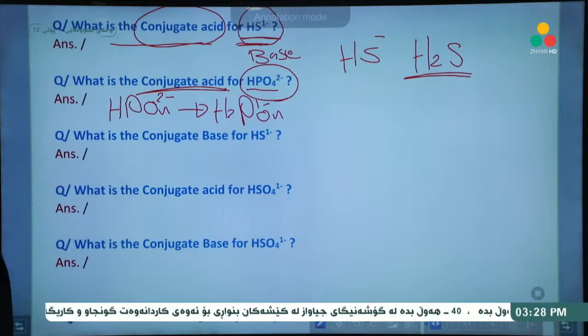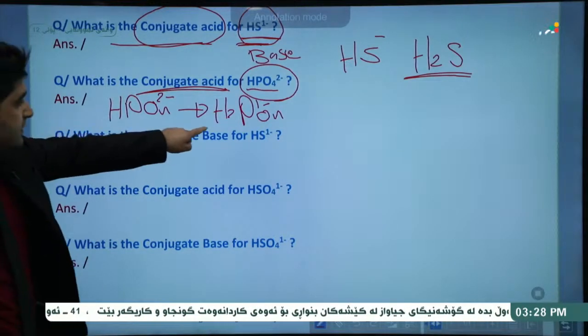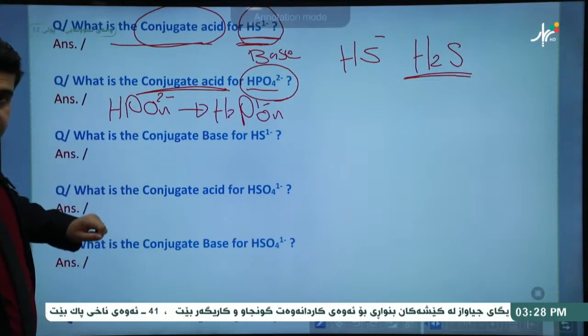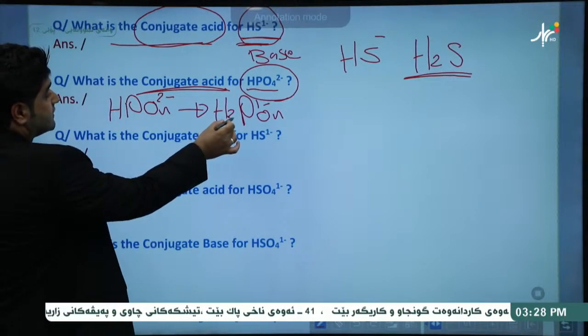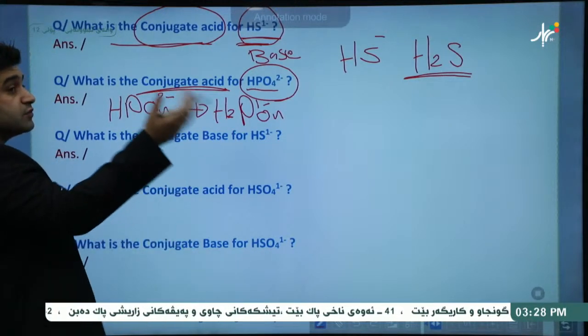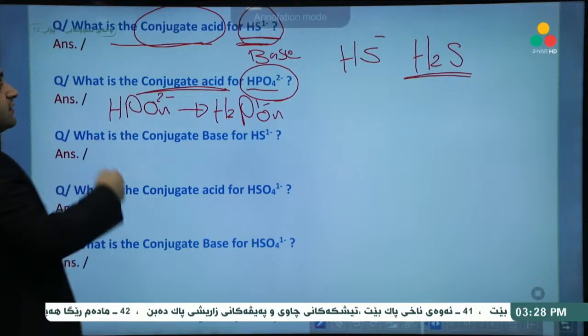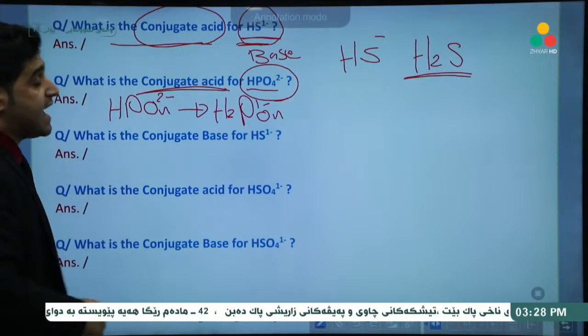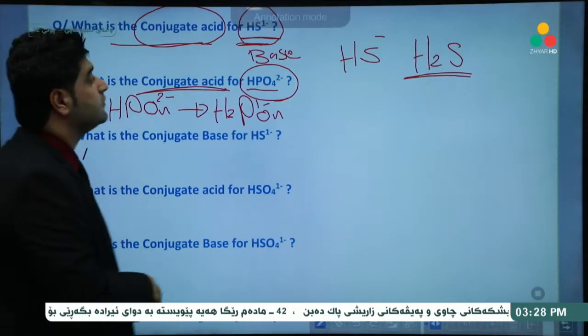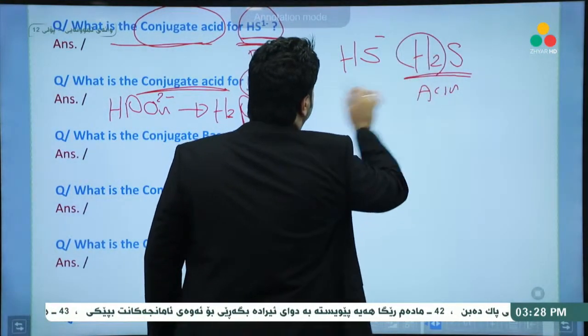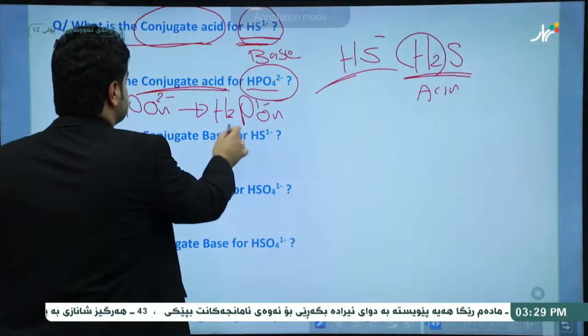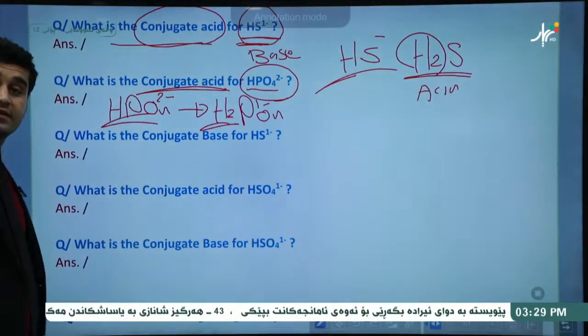Now it's a conjugate acid. You see this? The conjugate acid always has one proton more than the base.